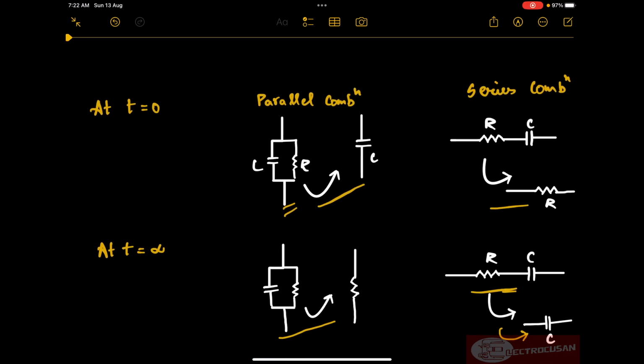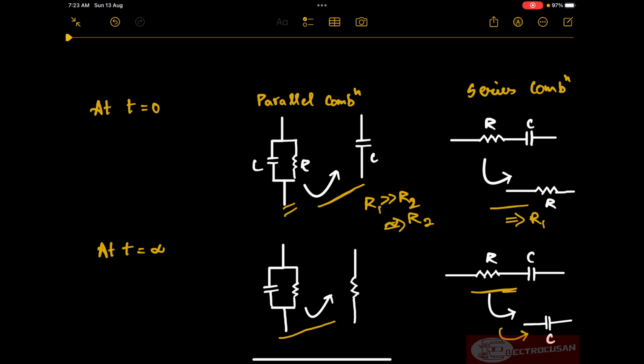So this is closely equal to a short circuit. If there are two resistors, say R1 and R2, in which R1 is much greater than R2, and they are in parallel combination, the equivalent will be somewhat equal to R2, right? And in series combination, in this case, it will be equal to R1, right?